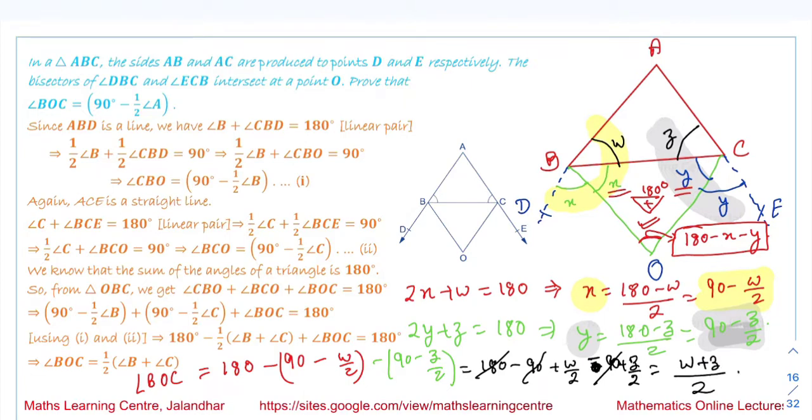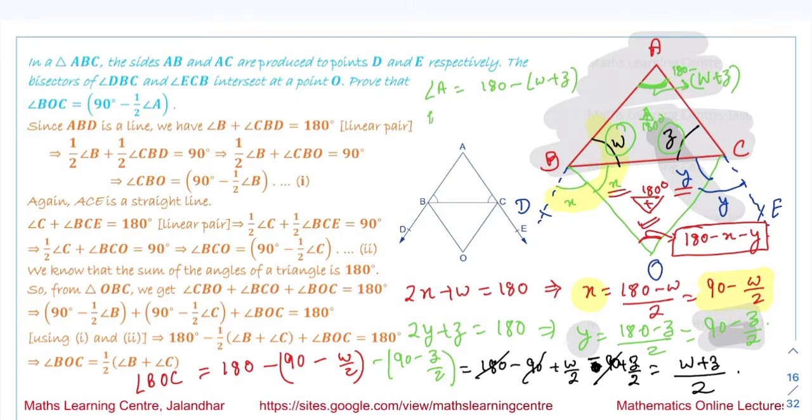Now if I look at this triangle ABC, the sum of these three angles, W, Z and A, is 180 degrees. So angle A is equal to 180 minus (W plus Z).